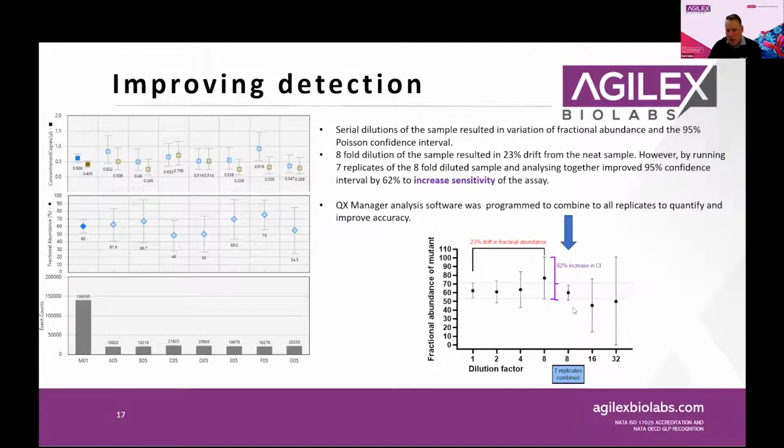We can have as much as a 62% increase in the confidence interval ratio and the fractional abundance, and increase the sensitivity of the assay by doing more replicates. That was a powerful observation in how you can change your experimental design to really tighten down the data set at that lower end of the curve.